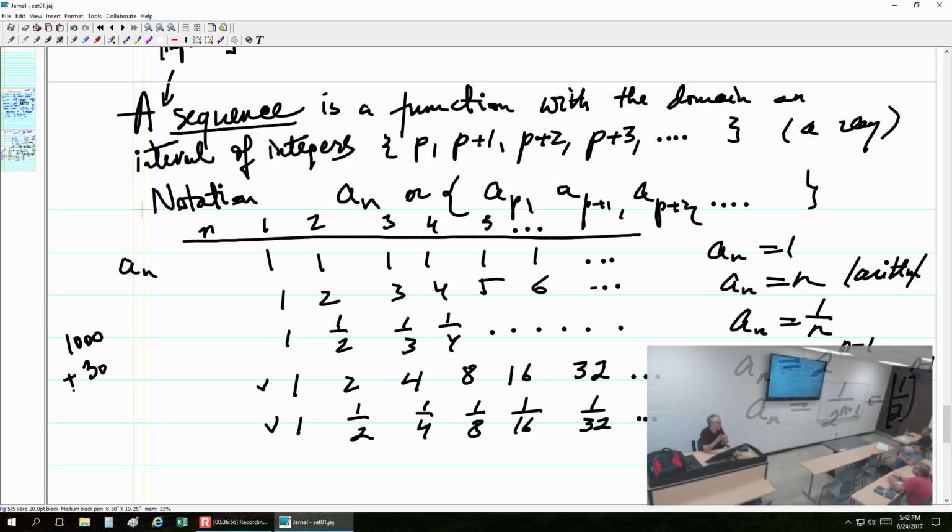But if you have more deaths than births, then you have the same thing, minus 30. In this case, you multiply by 1.03 every time, right? So recursively, your population grows by 3% every time. And if you lose 3% every time, what do you multiply by?